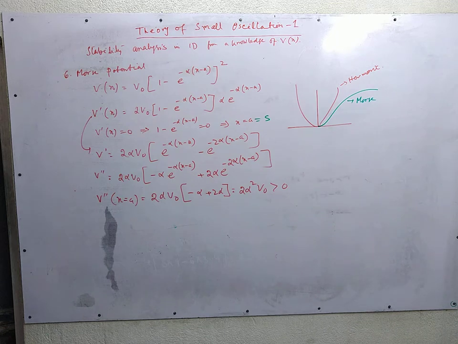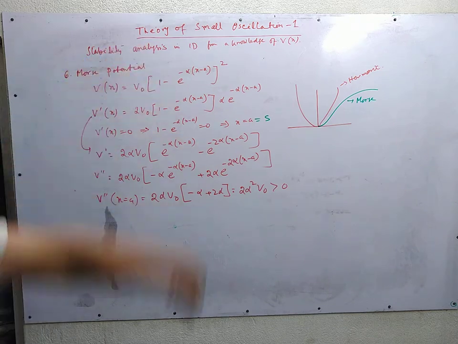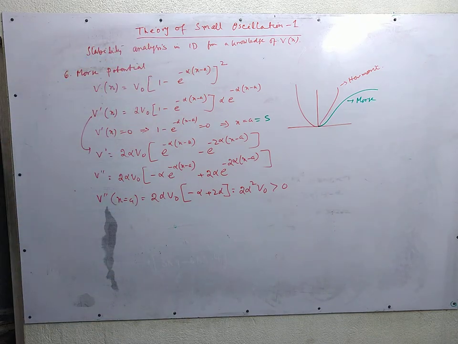So in order to explain the dissociation of a diatomic molecule, one relaxes the rigid rotor model and uses a harmonic oscillator model and uses the Morse potential, which allows the dissociation, and this constant V0 is related to the dissociation energy.